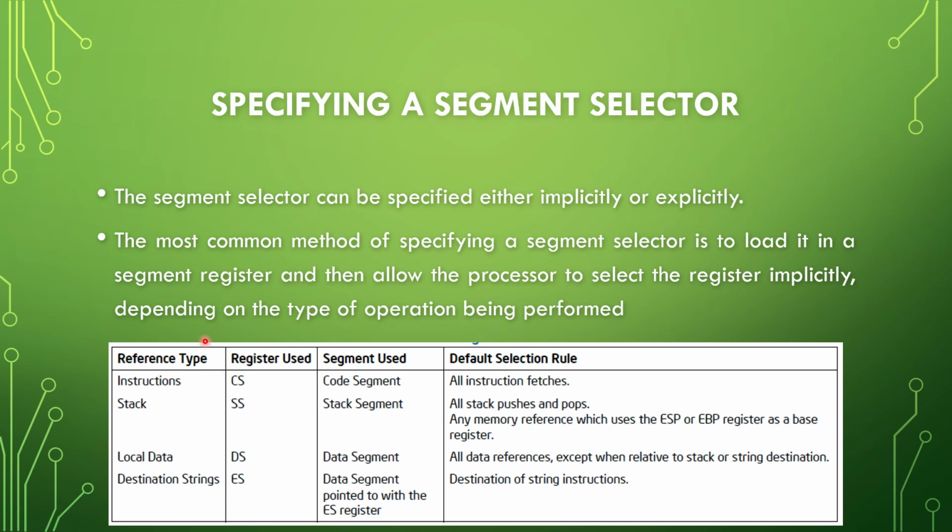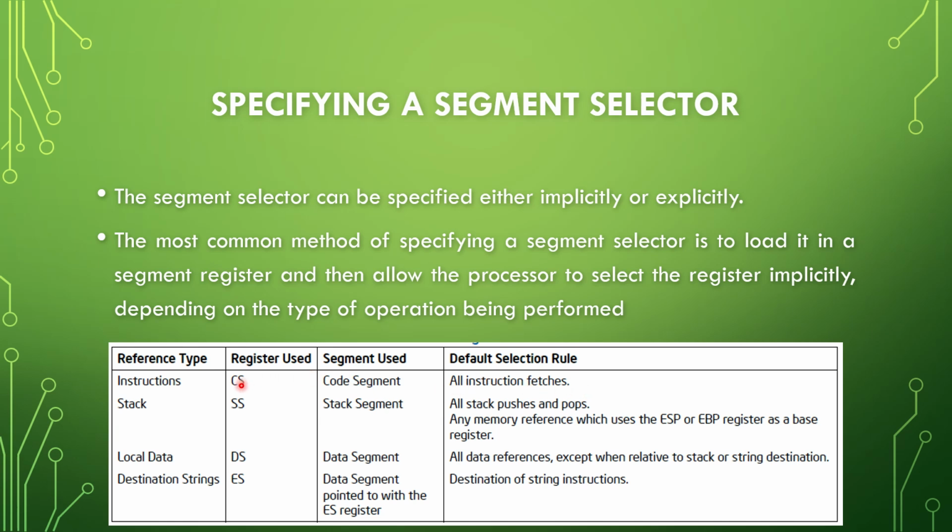Now, the default selection rule for segment registers is shown in this figure. The reference type is instruction, the register used is CS, that is the code segment, and the selection rule is all instruction fetches.